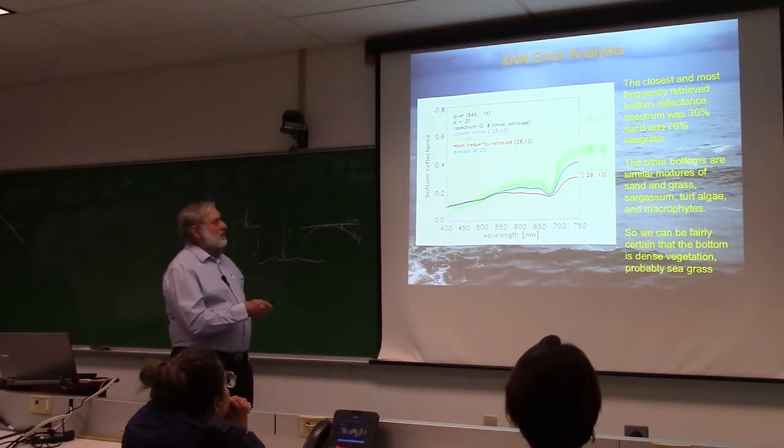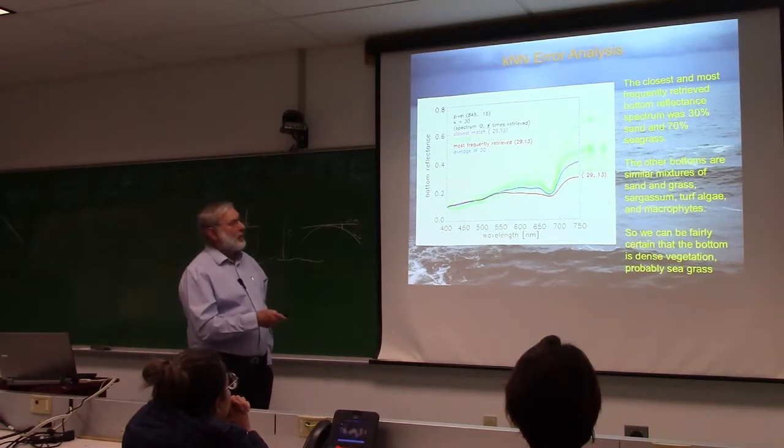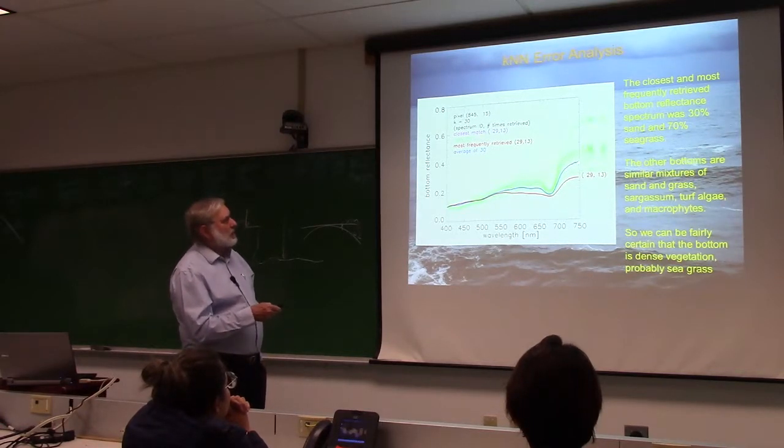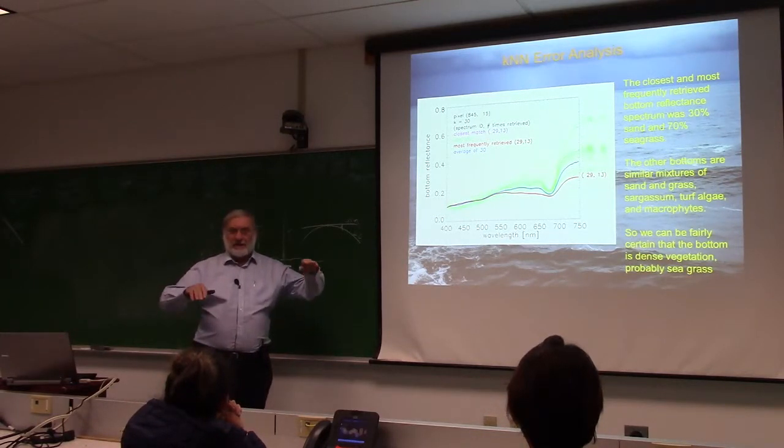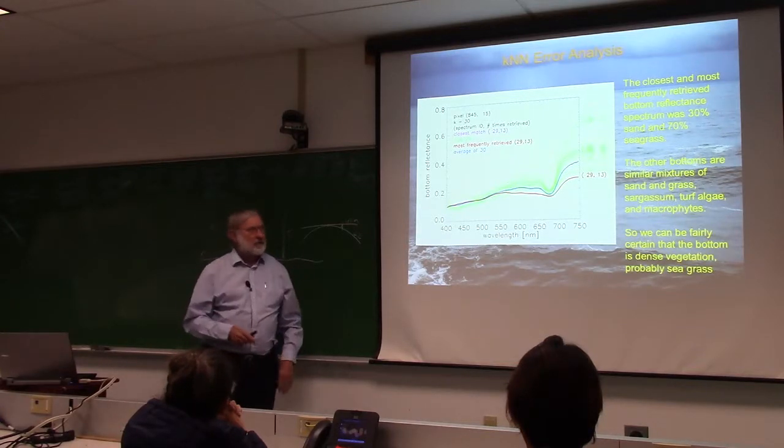So anyway, I say, okay, here's my 30 closest matching bottoms. What were they? Well, the one that's the closest and the most frequently retrieved bottom was 30% sand and 70% seagrass, because I took those measured spectra for sand, seagrass, coral, and I also did some mixtures of those.